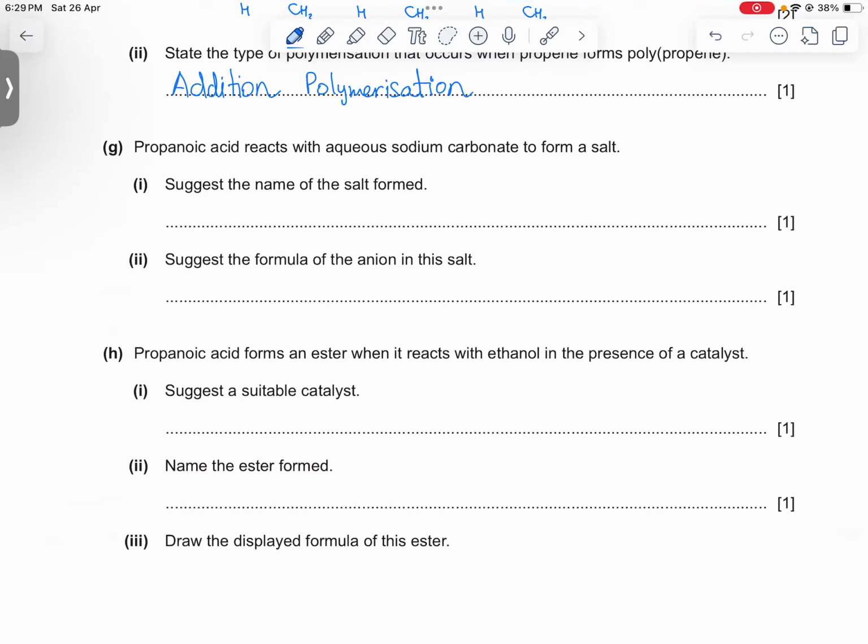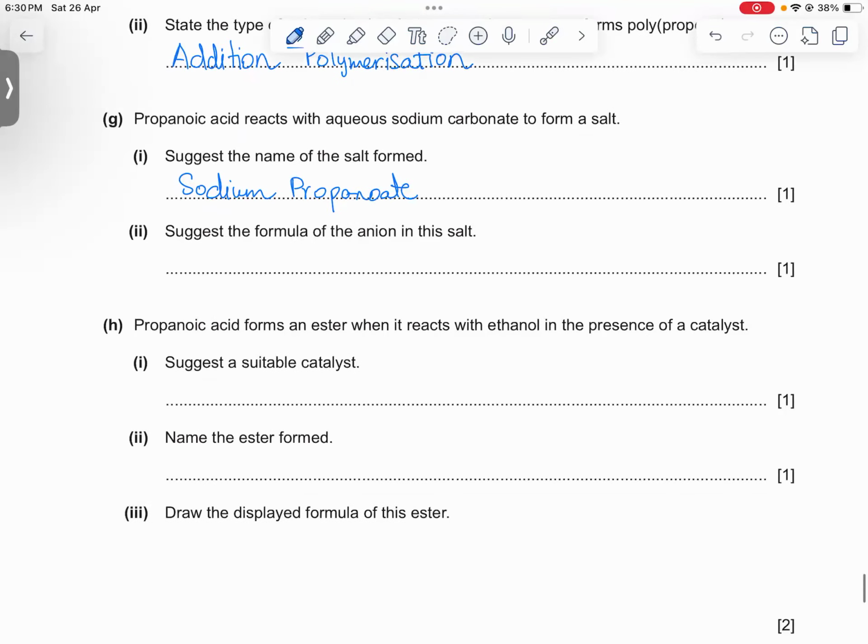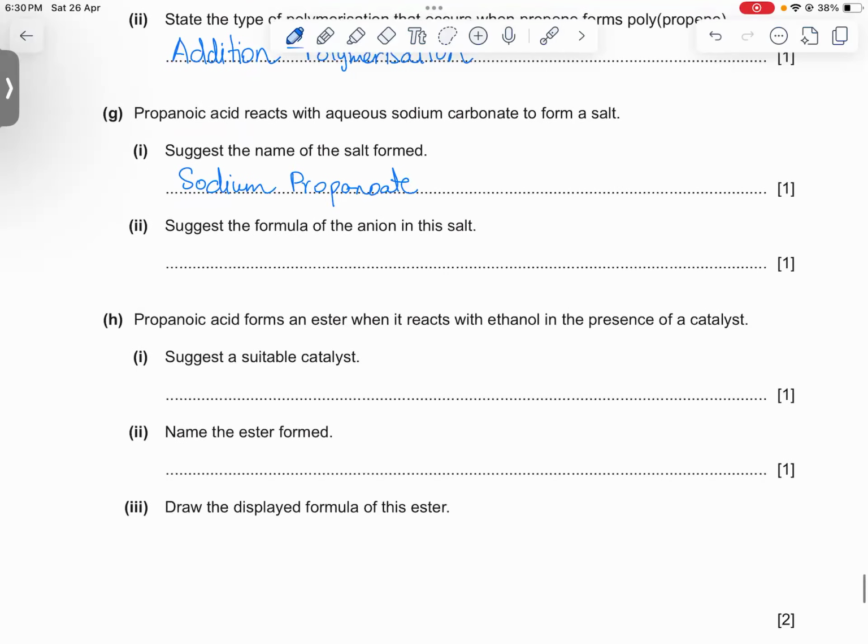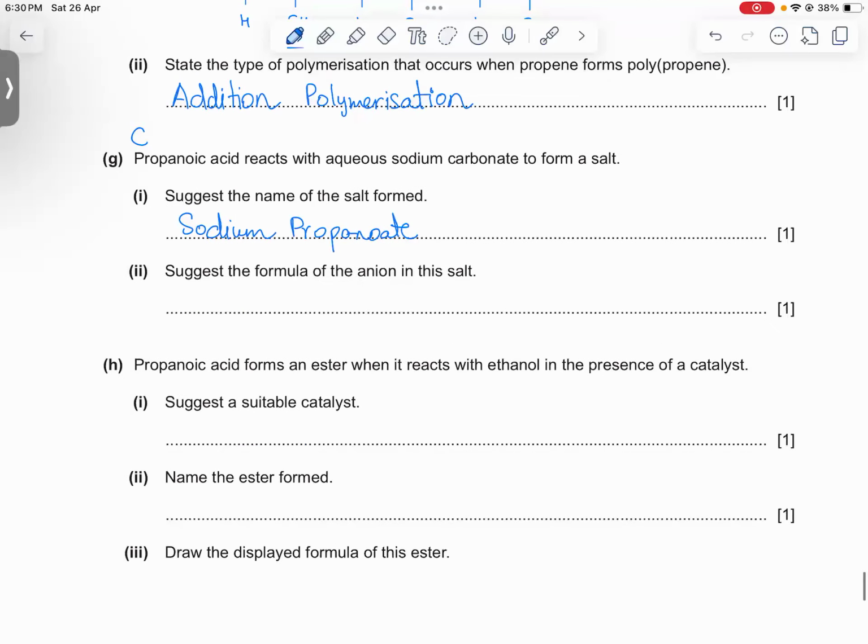So if sodium carbonate reacts with propanoic acid, it will produce sodium propanoate, because the anion of the acid that is over here is the propanoate anion. All right. Suggest the formula of the anion of this salt. For that, we need to know the formula of propanoic acid is C2H5COOH, right?